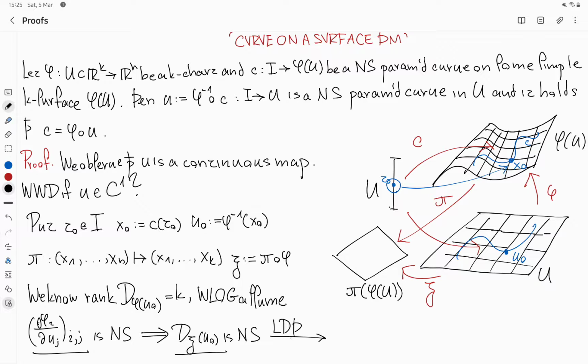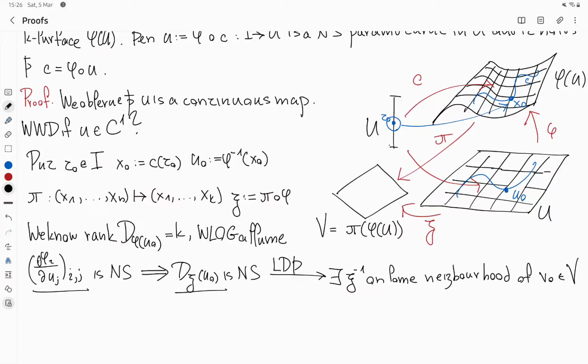And this one tells us that there must exist the inverse of G restricted to some neighborhood of, and we can choose any point we like, because here we wrote G of U0, it would be nice of us to choose some V0 from this plane, which we can dub V, where V0 is equal to pi of x0, but also this is equal to G of U0.